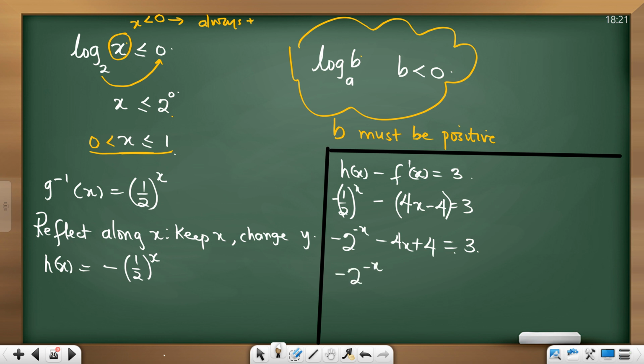Negative 2 to the power negative x minus 4x equals to what? Negative half to the power negative x minus 4x.